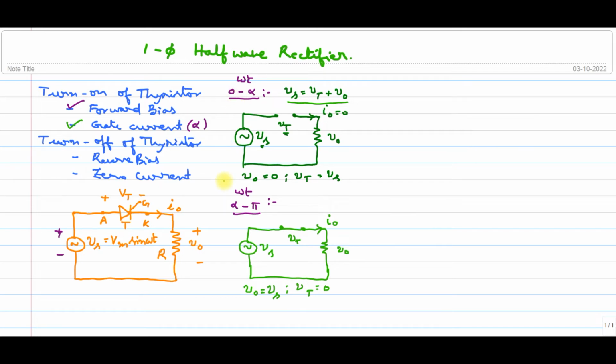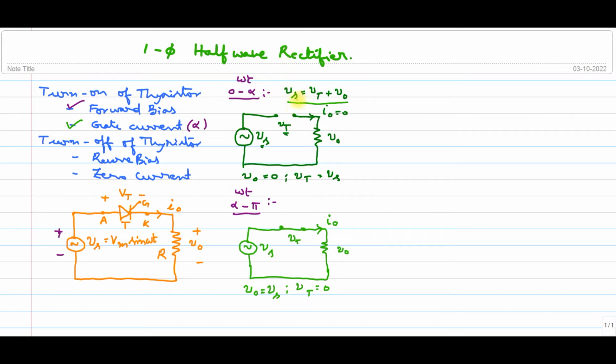So this is the case in positive half cycle. Now what will happen in negative half cycle? Vs is negative now, according to the direction, we can take it as negative.